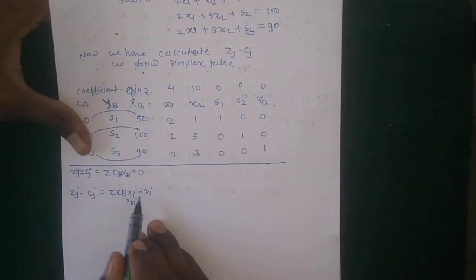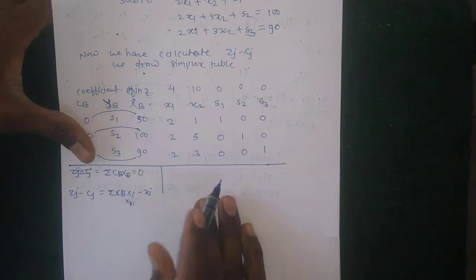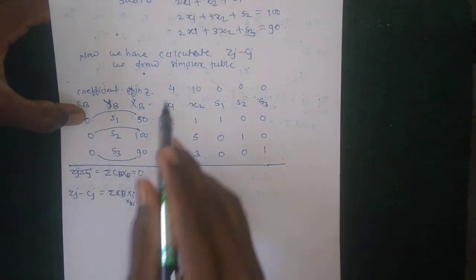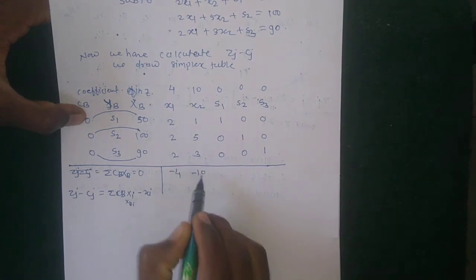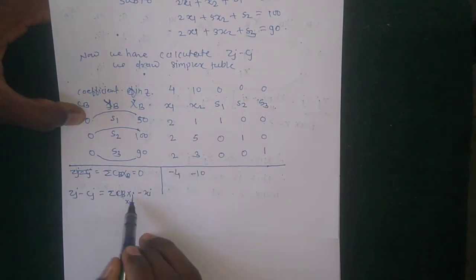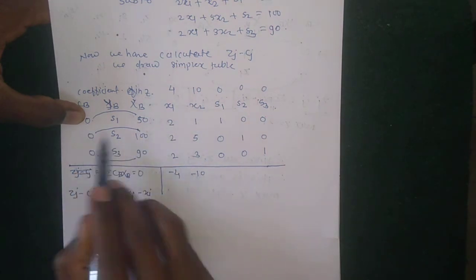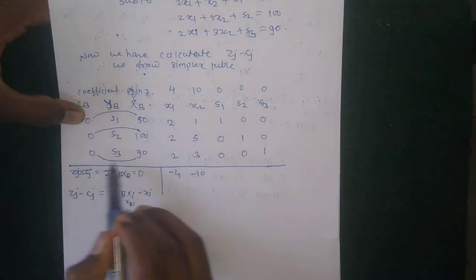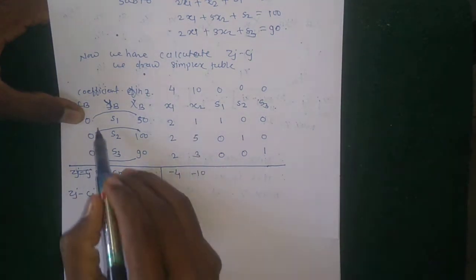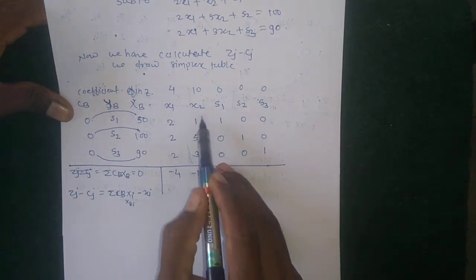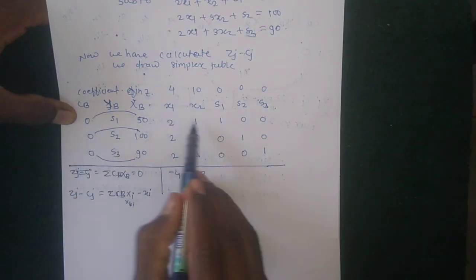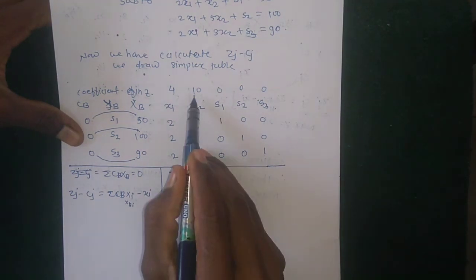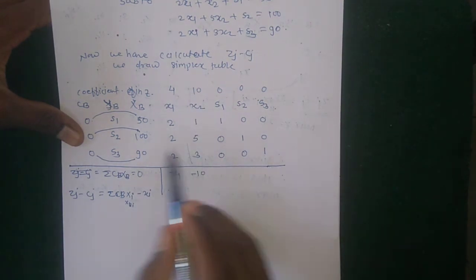Okay, so now calculating zj minus cj. For x1, CB times the column is 0 into 2 plus 0 into 2 plus 0 into 2, which is 0, minus 4 is minus 4. Then for x2, 0 into 1 plus 0 into 5 plus 0 into 3 is 0, minus 10 is minus 10.